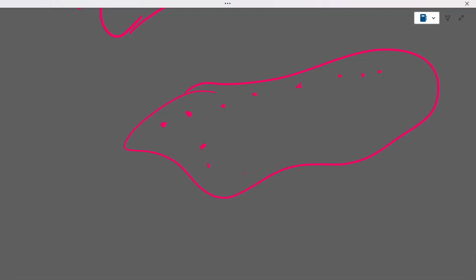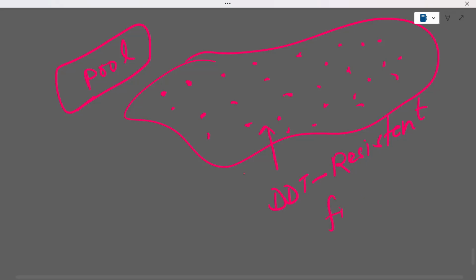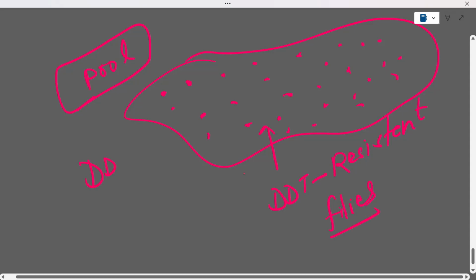Let's say in a month they have reproduced and come up with 10 or 20 generations, and now this pool has been refilled, but with DDT-resistant housefly. Now this pool has those houseflies which cannot be killed by the particular strain of DDT.